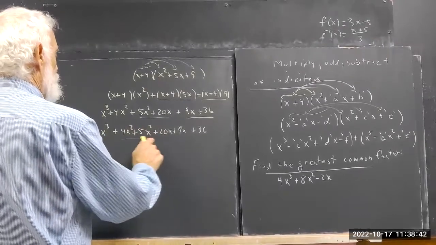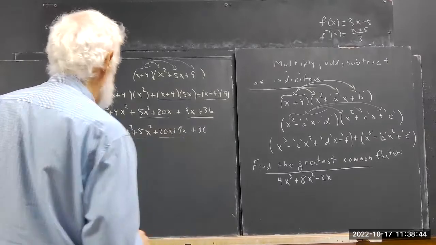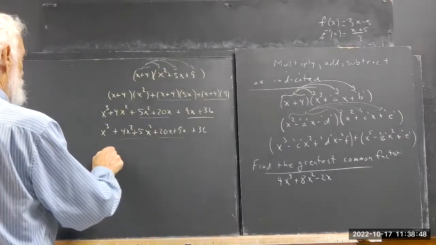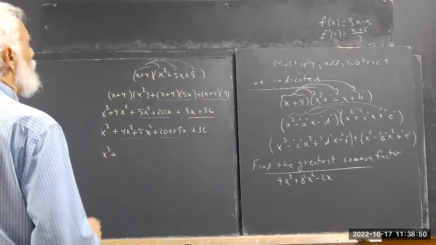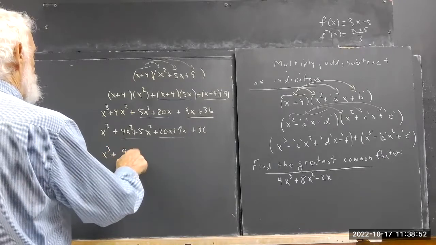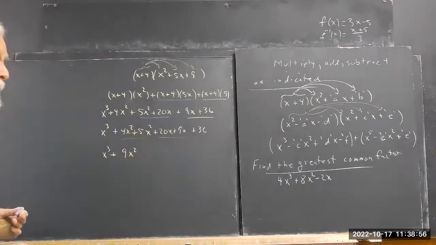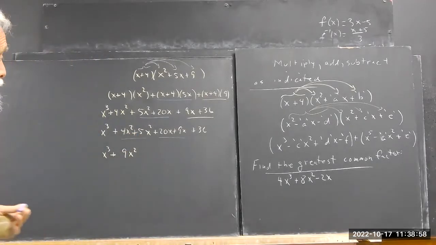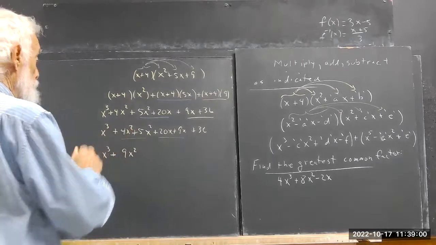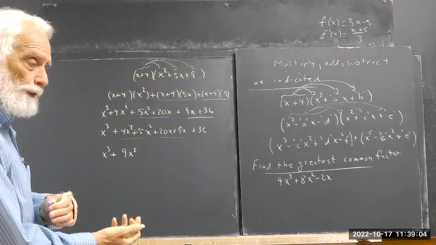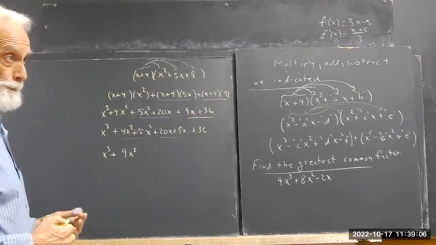Okay, 4x squared and 5x squared make 9x squared. You can't add x squared terms to x cubed terms, powers of x. And if they're equal for some value of x, they won't be equal for another.